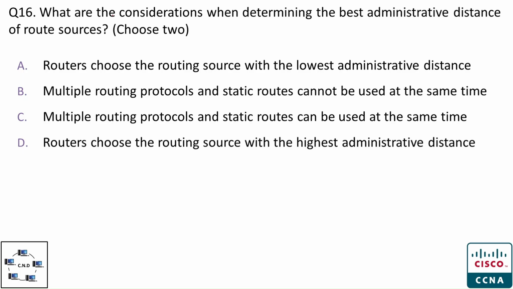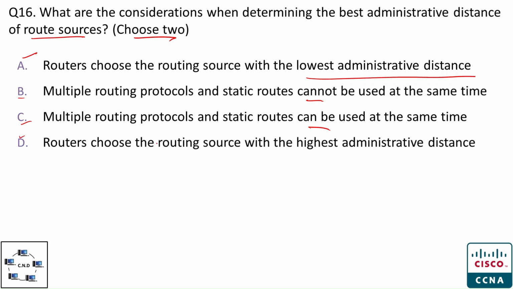Question number 16. What are the considerations when determining the best administrative distance of route sources? Choose two options. Option A, routers choose the routing source with the lowest administrative distance. Option B, multiple routing protocols and static routes cannot be used at the same time. Option C, multiple routing protocols and static routes can be used at the same time.